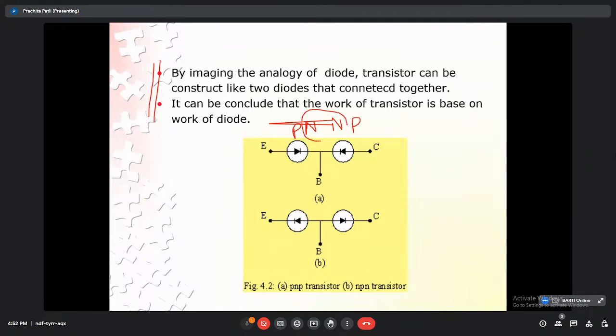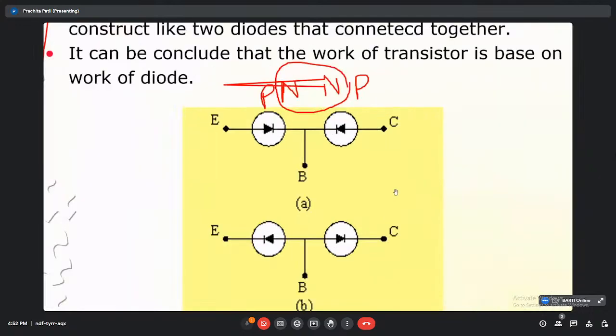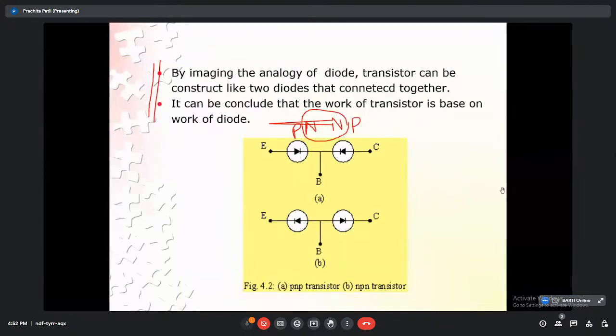You can see the N regions are combining together. Once you combine the N region of both diodes, the size of the base will increase. And according to the theory of the transistor, the base must be thin. That is why it is not possible to get a transistor if we connect two diodes together.